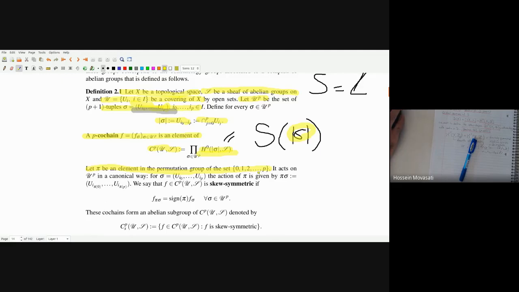In some sense, I am making a permutation of the open sets. Of course this permutation acts on U^p. Remember that U^p was just a set of these tuples. So you just permute the open sets. For this U_{i0...ip}, it acts just by permuting these indices, so it will give you i_{σ(0)} until i_{σ(p)}.